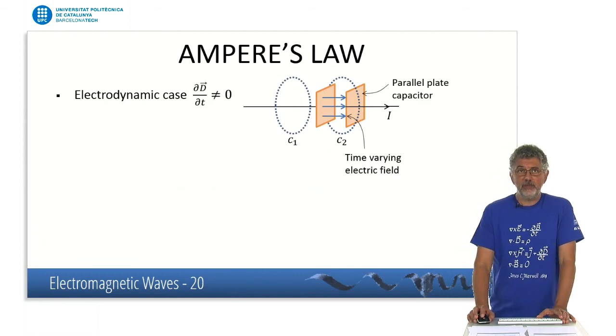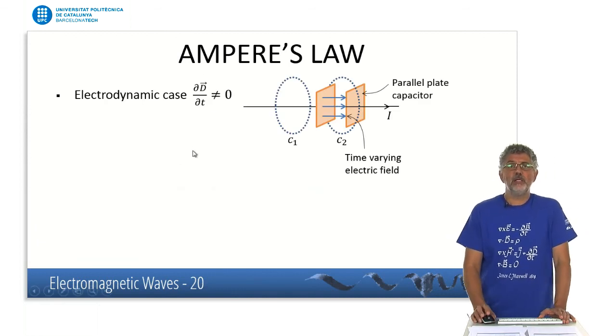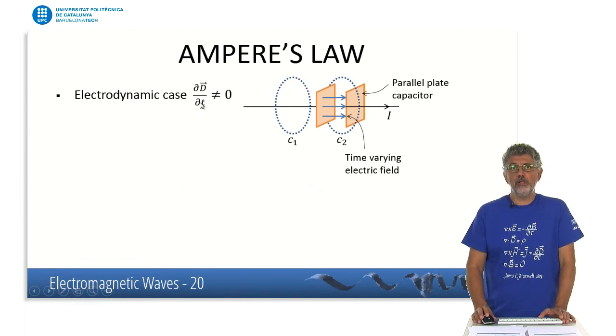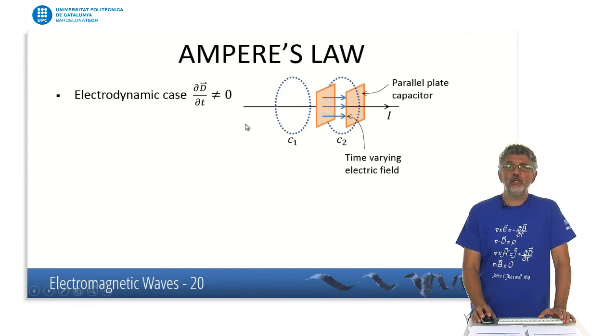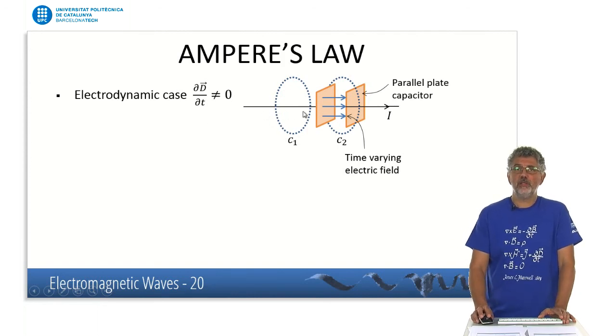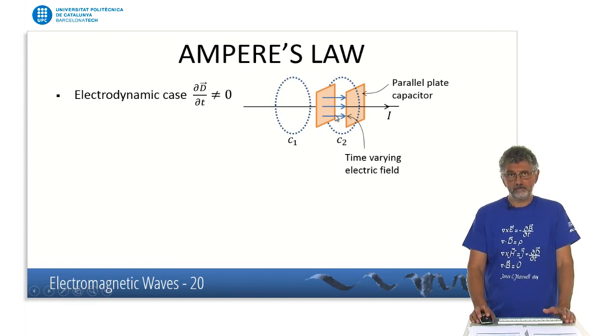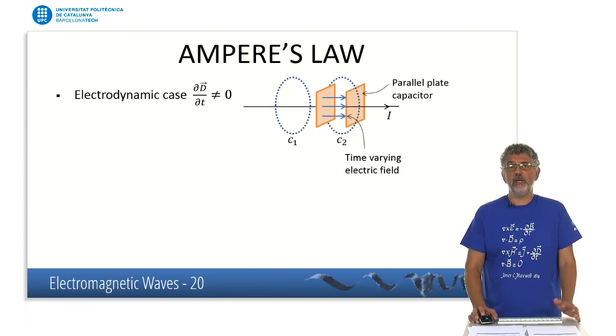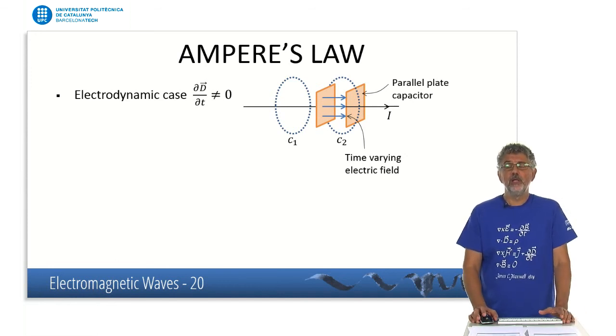What happens in the electrodynamic case? Imagine the case in which the time derivative of D is not equal to zero. For that, imagine that I have a wire with a certain current, and here we have a parallel plate capacitor. We know that between those two plates there will be an electric field, and if we have a time varying field, that field will change with time.